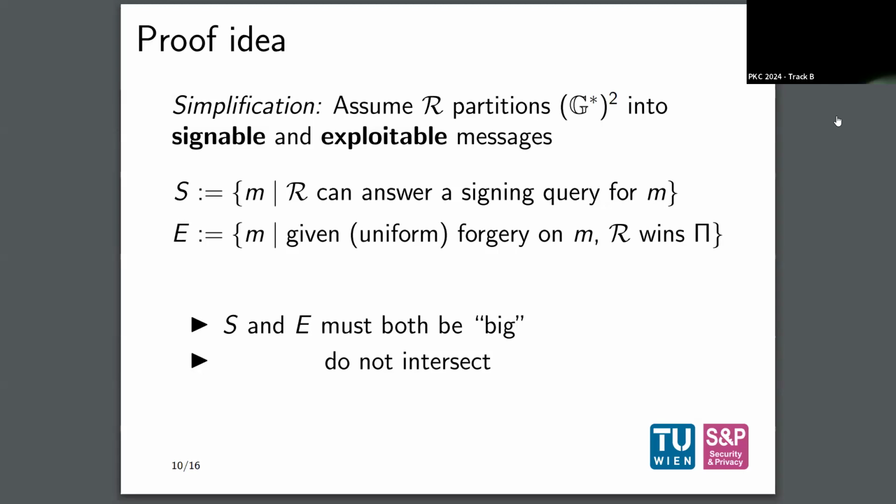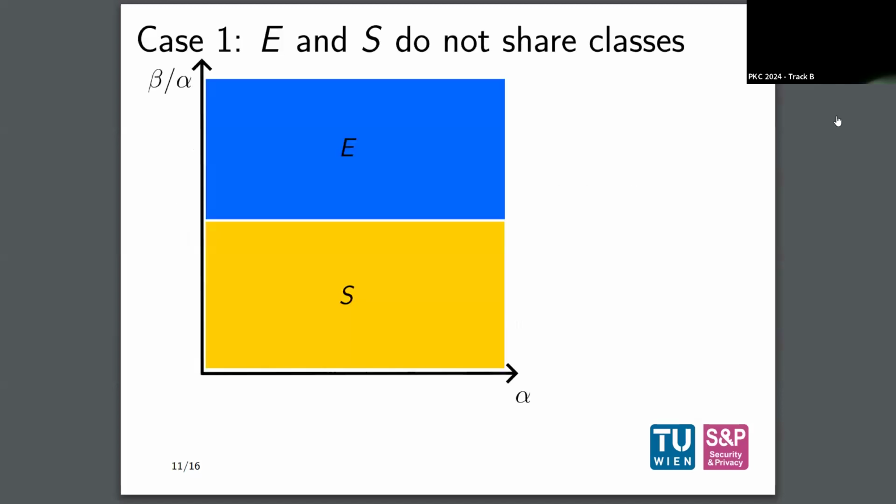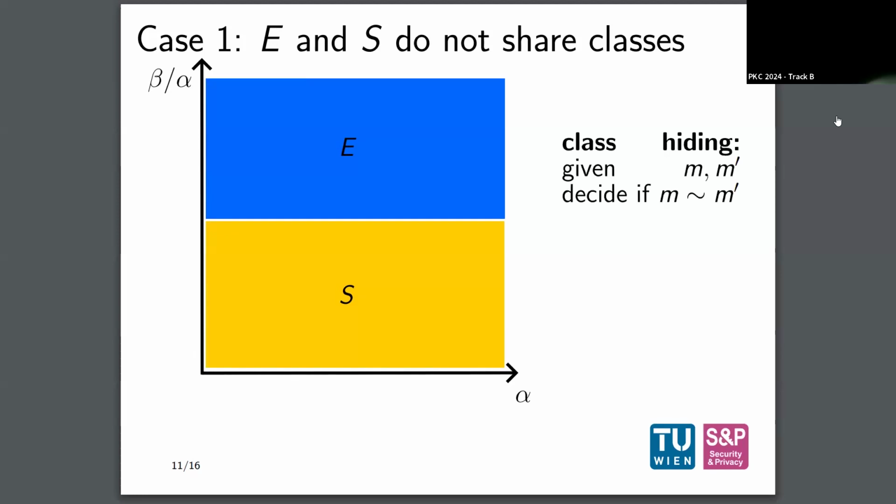Okay. So how do these sets S and E behave in regards to the classes? For that, we're going to look at two extreme cases. Remember, the classes were all the horizontal lines. In the first case, we consider the case where E and S do not share any classes. So what can we do in this case? Recall the notion that gave us the anonymity property, the class hiding notion.